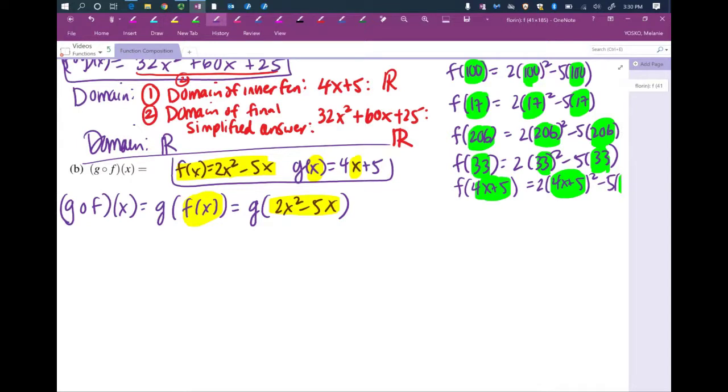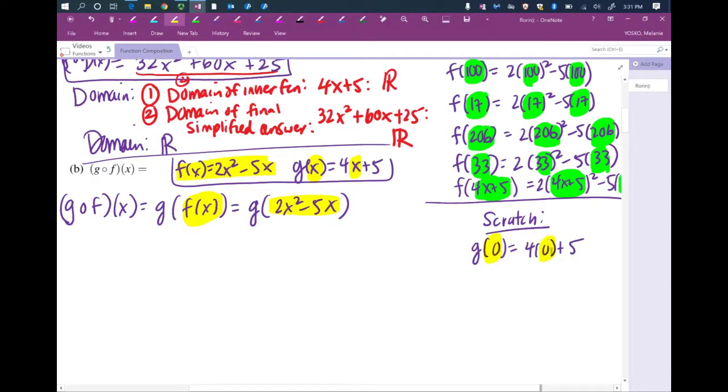Okay. So again, if you need to, you can do some scratch. If you see it, you go for it. But if not, let's do some scratch. So what's g of 0? Well, g of 0 is 4 times 0 plus 5. Replacing this input in place of that x. So what's g of 19? Well, that's 4 times 19 plus 5. What's g of 103?